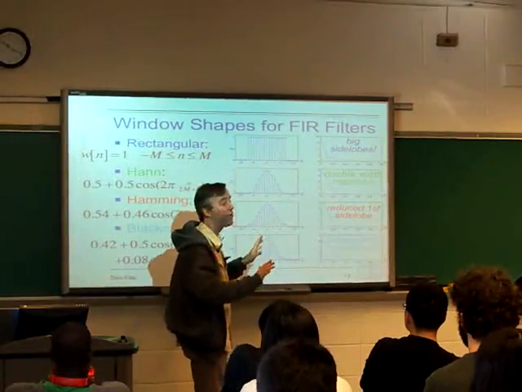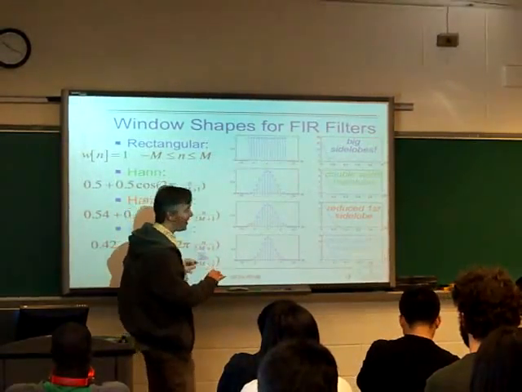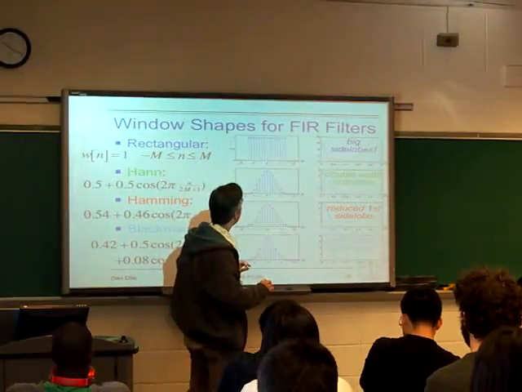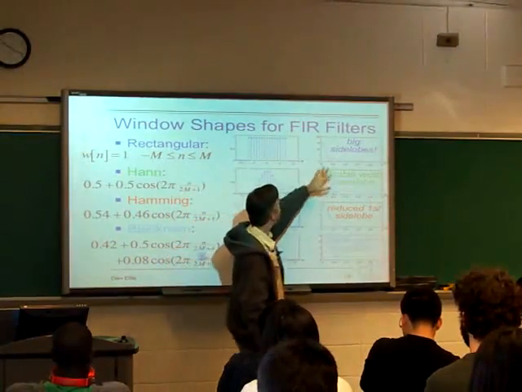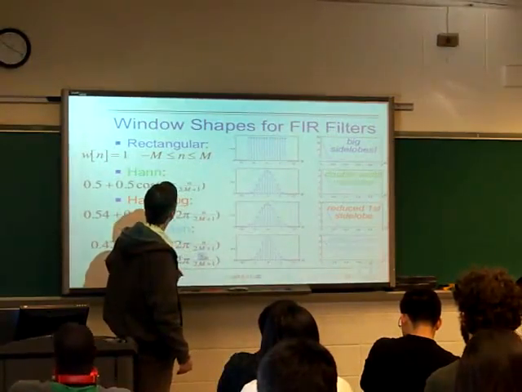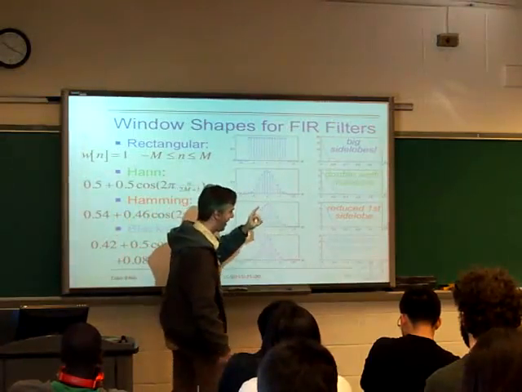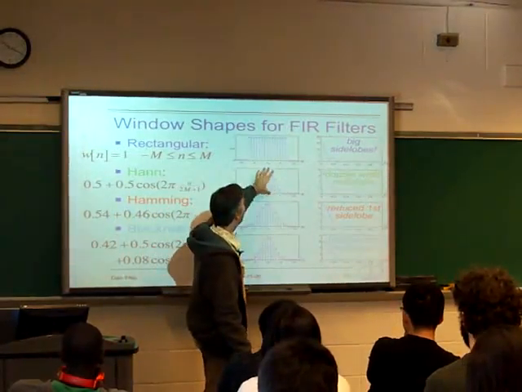I haven't proved this, but this is actually how it works. Hang on, I got ahead of myself. Okay. That's how we get to this one. Let's talk about this one first.